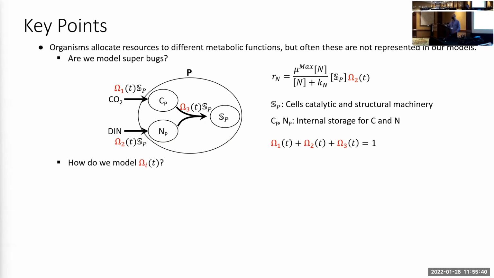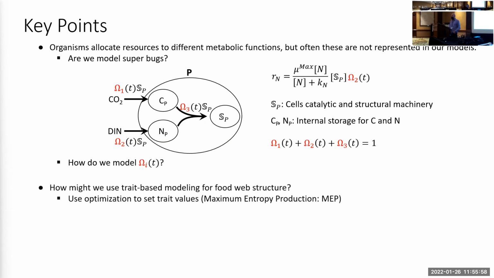One of the aspects is trying to figure out ways to change that allocation parameter, this omega that I'll be using throughout the talk, as how structural material or the catalytic machinery of the cell, shown as this script S here, is allocated to metabolic functions. The other aspect is looking at how we might use trait-based modeling to look at the food web structure itself.